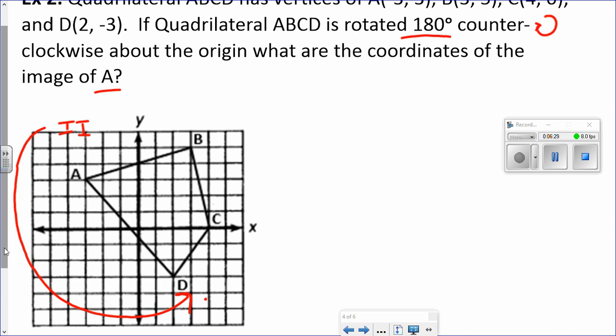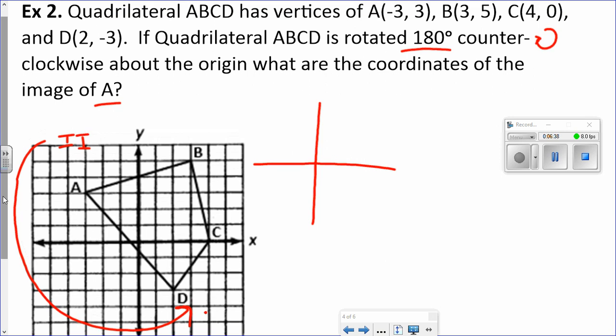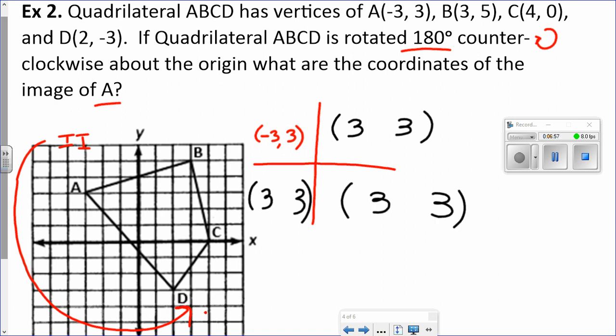So again, I'm going to start just by making a coordinate plane, and I know the coordinates of A were negative 3, 3, so I started here. And now remember, to move it through all the rest of the points, all I do is change the order. So we got 3 and a 3, and in this case it becomes kind of easy because it's all 3s. And now we just concentrate on the signs for that quadrant.